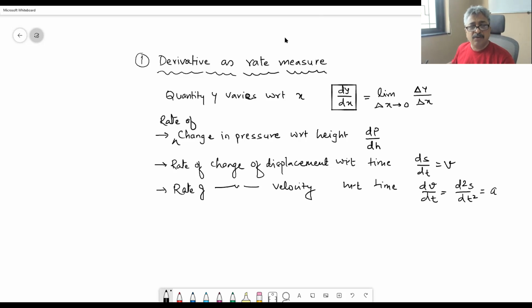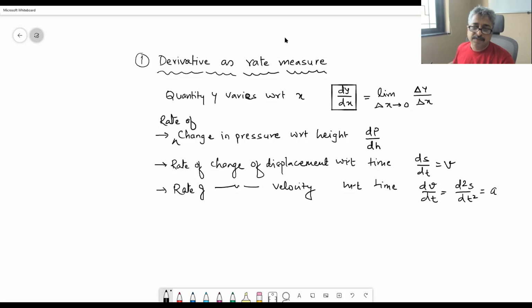Okay, so maybe there could be some quantity whose rate of change we are interested in finding out per change in some other quantity. In case it is time, it is dt; height h, x, that comes in the denominator. We have discussed this earlier.